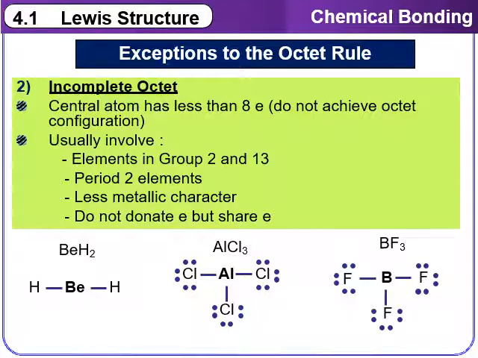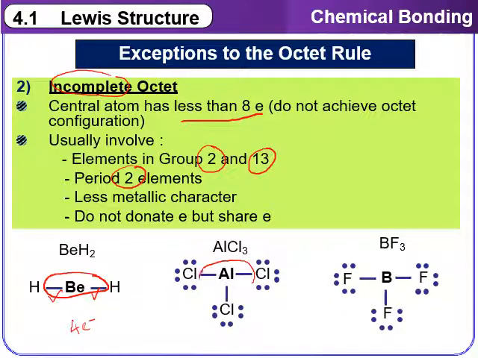The second type of exception, incomplete octet, as we said, has less than 8 electrons at the central atom. Normally it involves elements in group 2 and group 13, basically in period 2, because they do not donate electrons but share electrons. Beryllium has 2 electrons, 4 electrons.